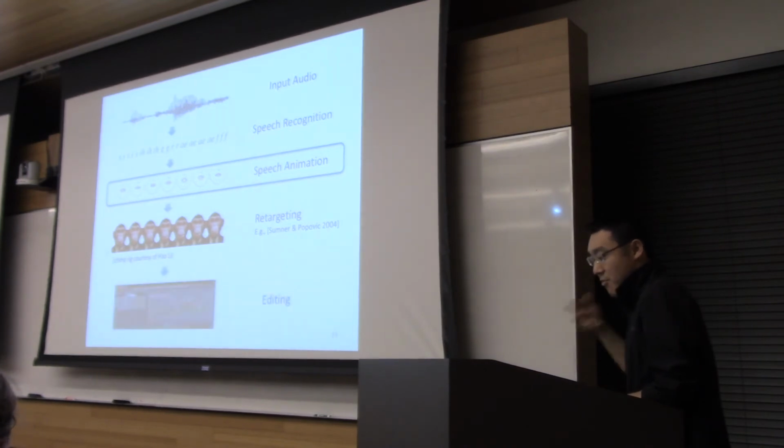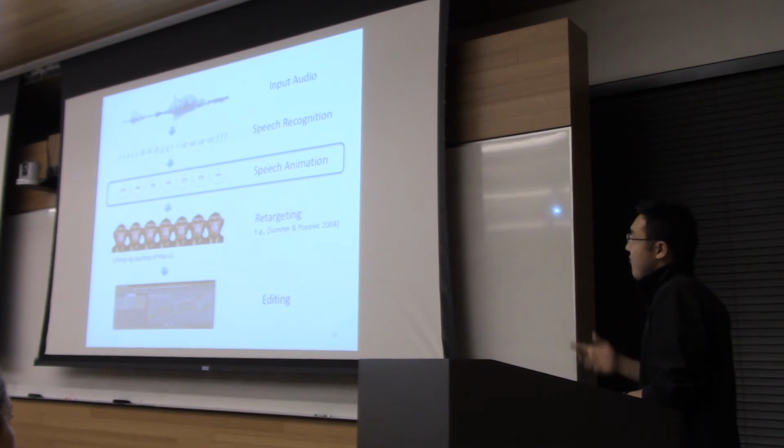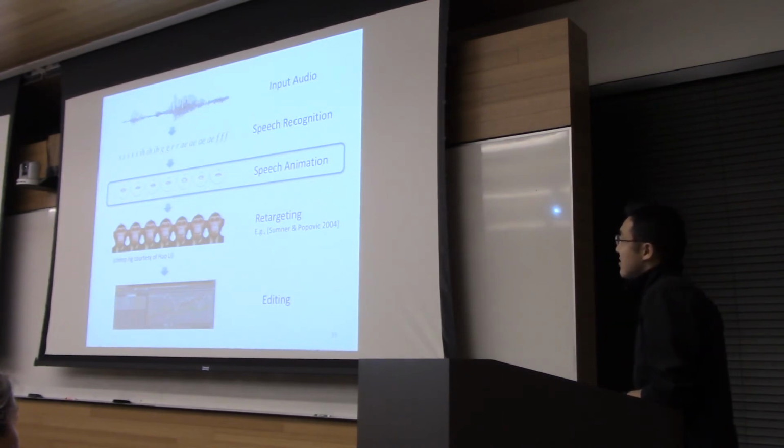And then we can import that animation into standard editing software such as Maya, which is what all the people at Pixar and DreamWorks use, to create further stylizations of the animation, like adding smiles and so on and so forth, right? So the whole thing is actually compatible with the existing production pipelines used for animation studios these days. And in fact, some of them are actually using this technology.